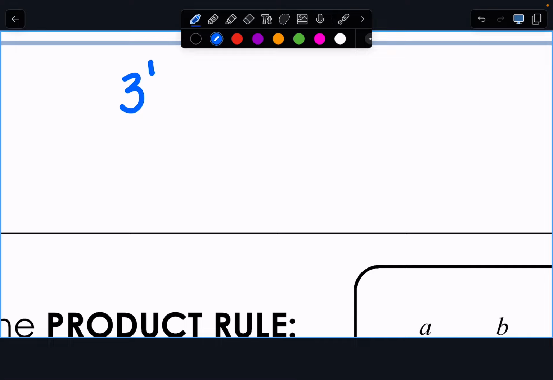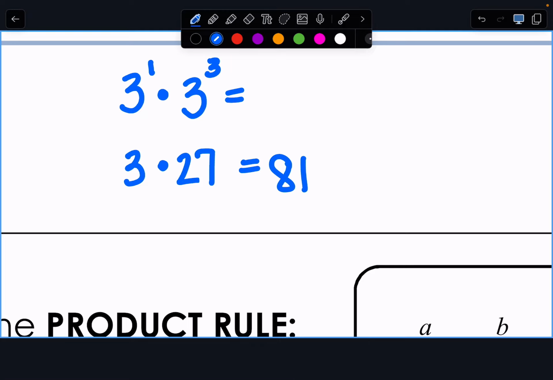3 to the first times 3 to the third. Okay, well, what's 3 to the first? And what's 3 to the third? 27. So what's 27 times 3? 81.